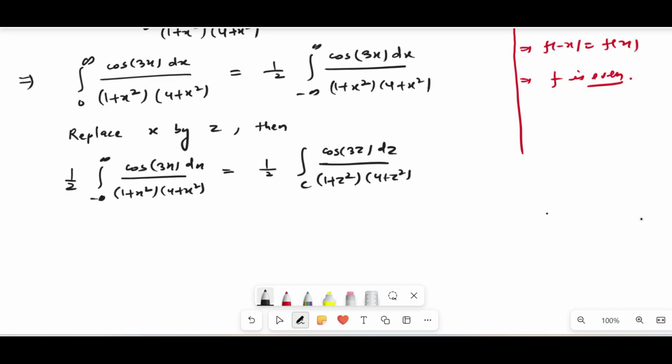we can draw the curve C as, so let us draw, this is our x axis and this is our y axis.